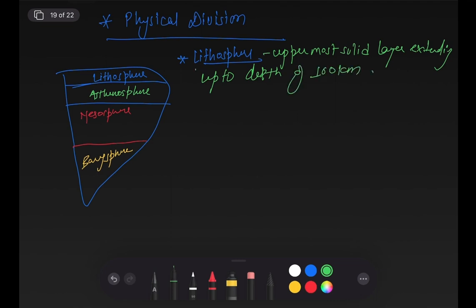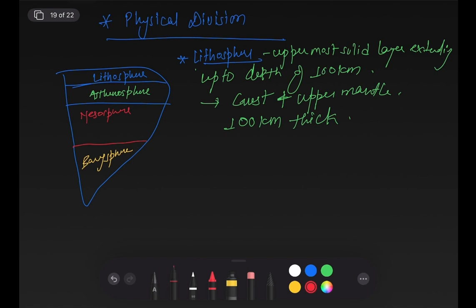This lithosphere is made up of crust plus upper mantle. As you know, crust is maximum 40 to 50 kilometer deep. Lithosphere forms from crust and upper mantle. It is about 100 kilometer thick.